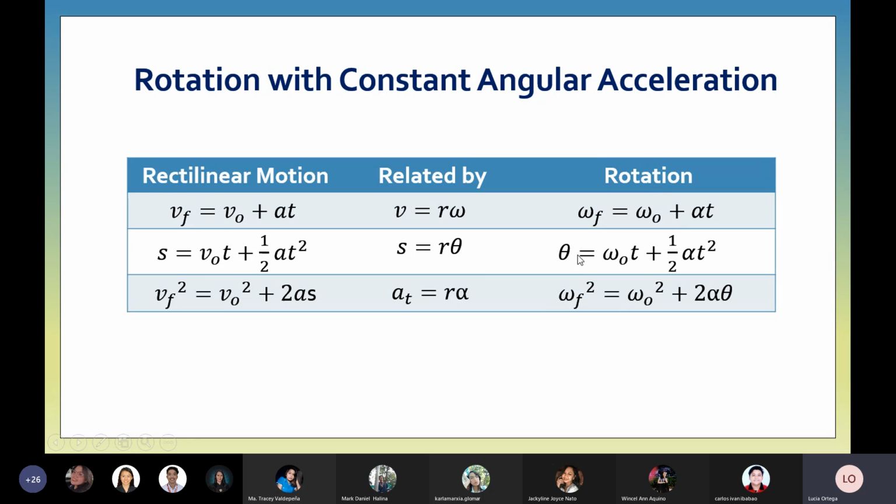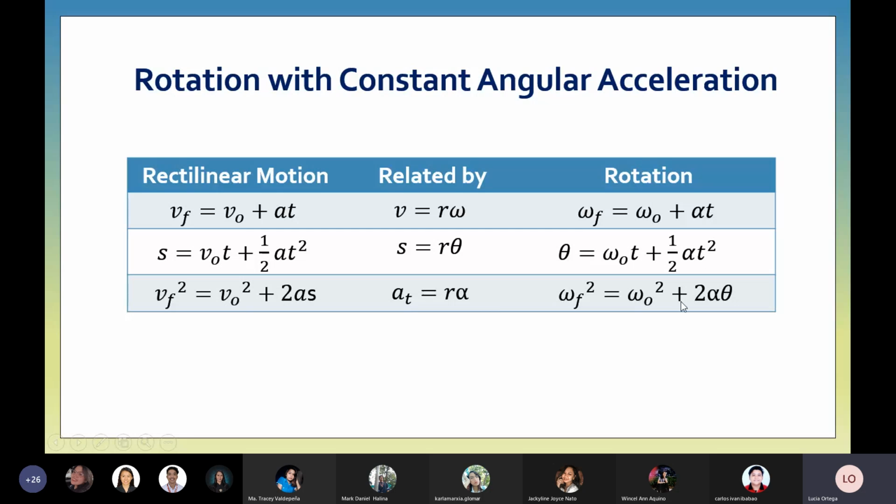For angular displacement, it is initial angular velocity times time plus 1/2 alpha t squared. Alpha is angular acceleration. And the equivalent equation for equation 3 is the square of final angular velocity is equal to the square of initial angular velocity plus 2 alpha theta.